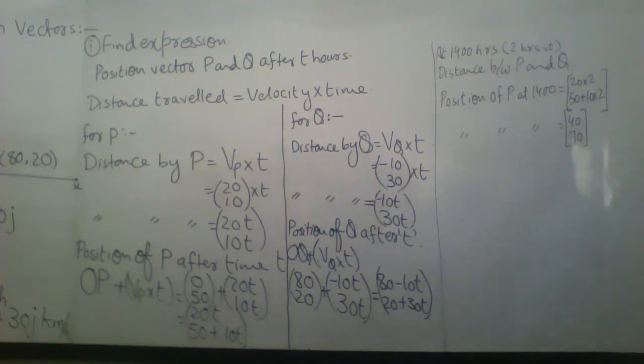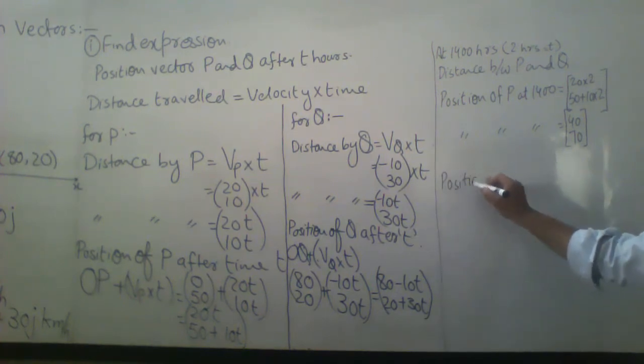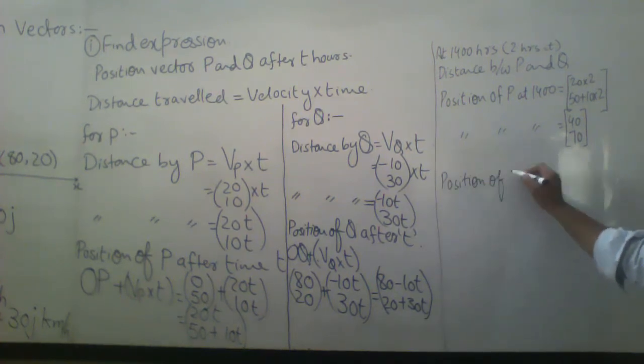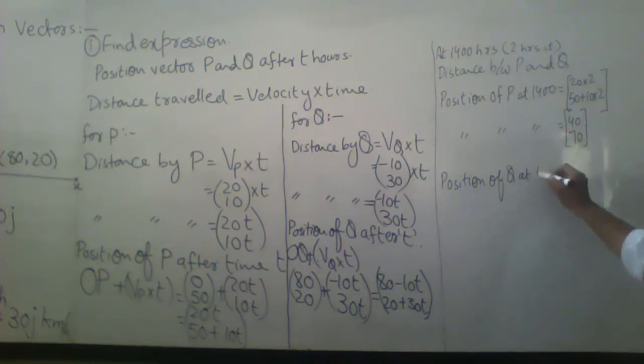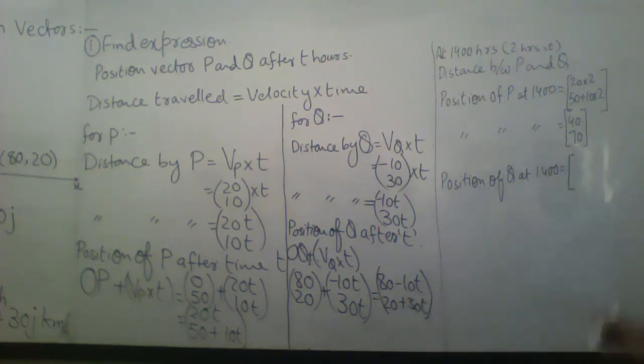Now the position of Q at 1400 hours. What was Q given? These are the Q values: 80 minus 10 into 2 and 20 plus 30 into 2.